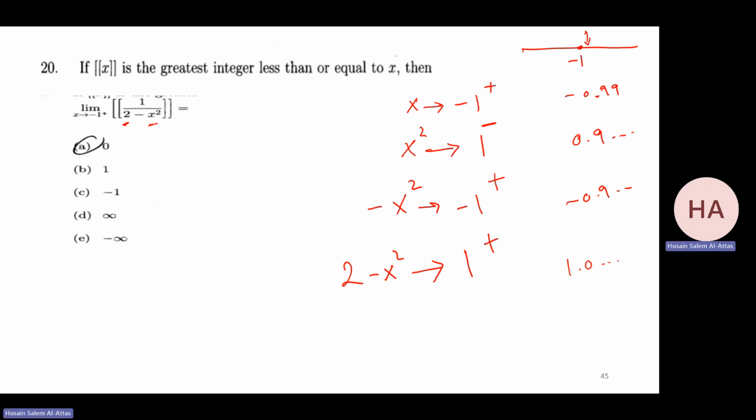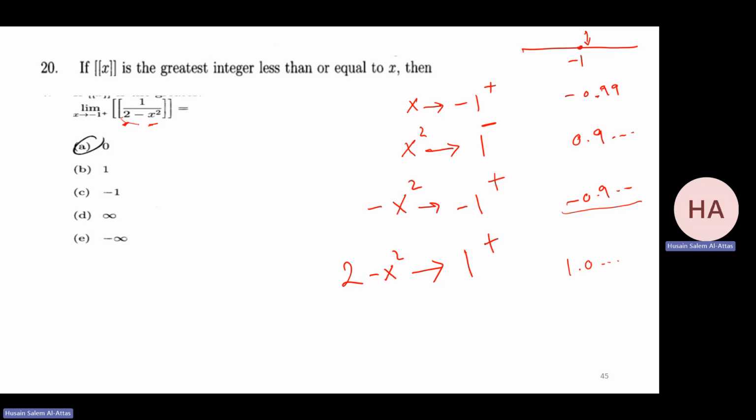If you add 2 to this one, it will be 1.0 something. So this plus this will give me 2.